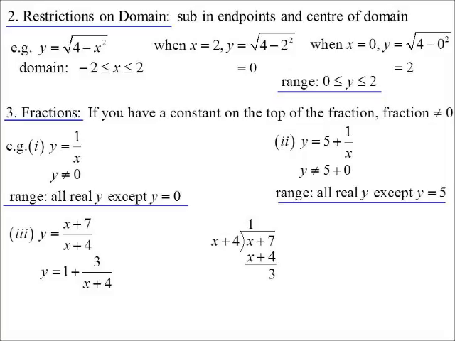And by the way, if you didn't realise that straight away, you could do a quick little polynomial division over on the side. x plus 4 into x plus 7. That goes once. Remainder 3. So that's where we get our 3 from. Okay, y can't equal 1 plus 0. So there's our range, all real y, except y is equal to 1.